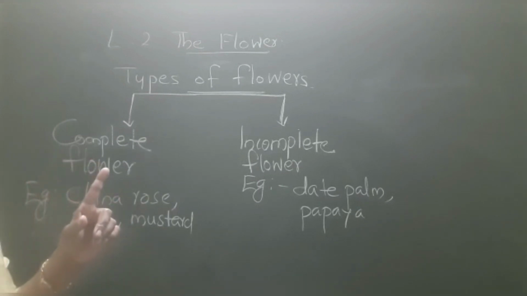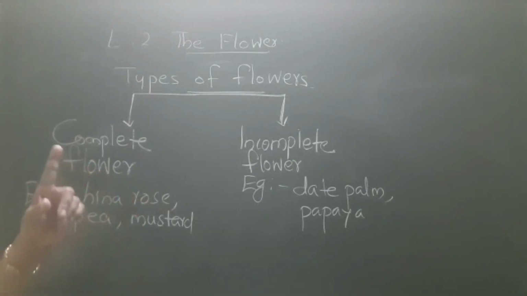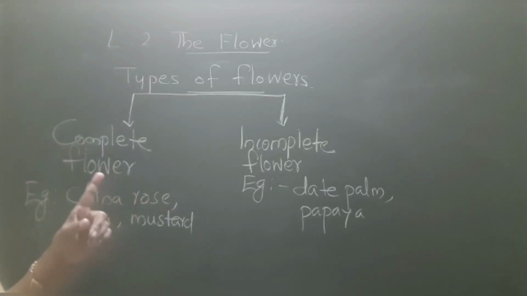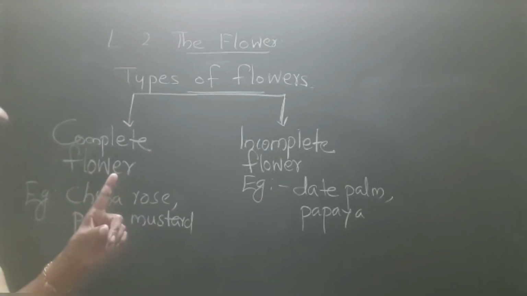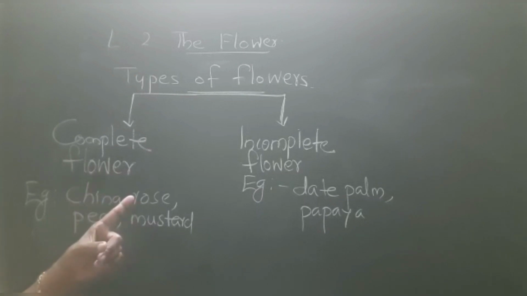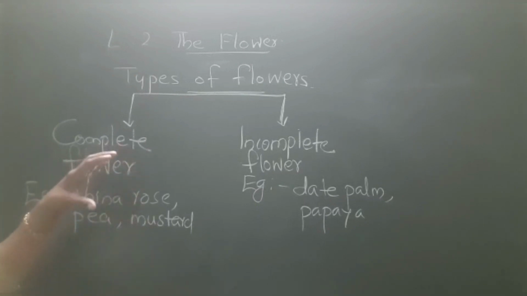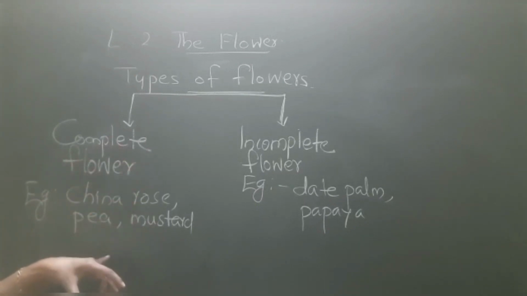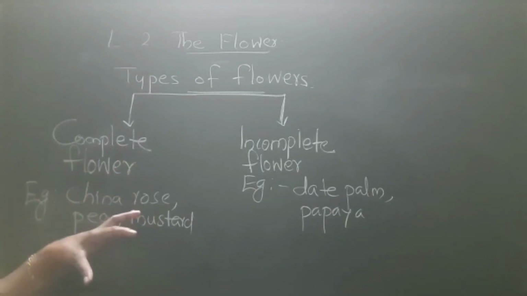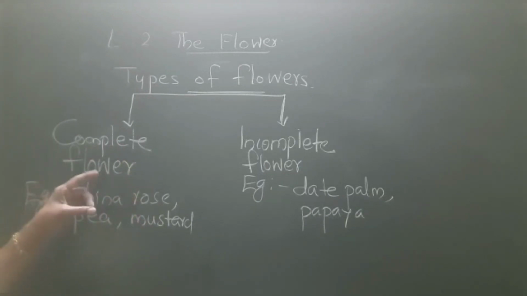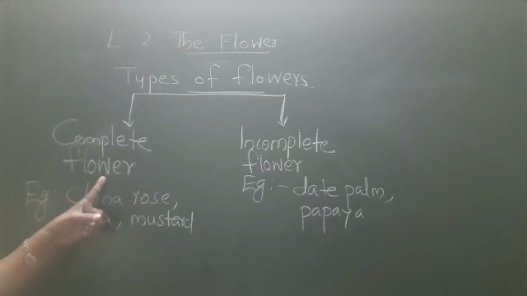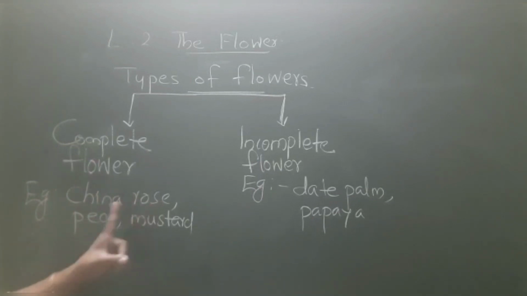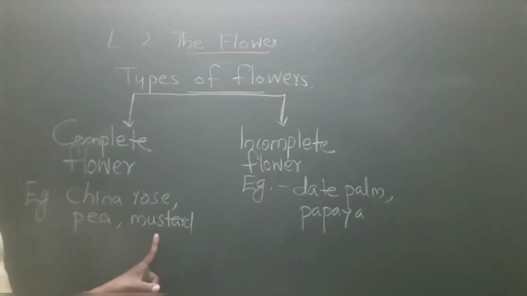And then comes carpel. Carpels are the female reproductive organ, and they are collectively called gynoecium. These are the four whorls in a flower. If all four whorls are present in one flower, such a flower is called a complete flower. Examples: China rose, pea, mustard.